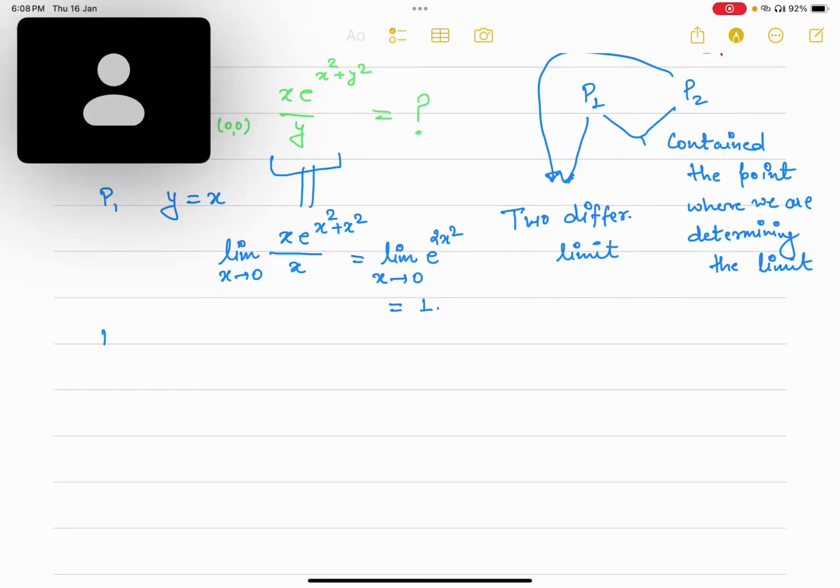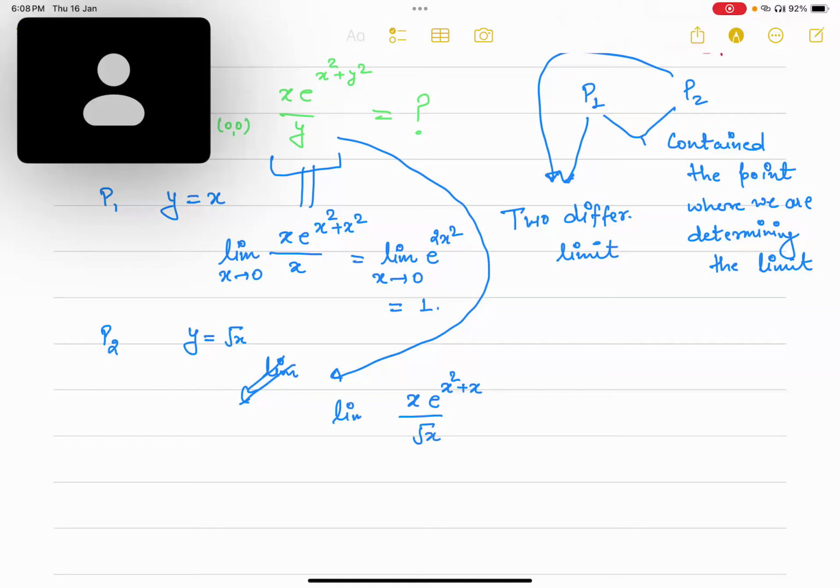Now, if you take a different path P2 as y = √x, what can you say about the limit along this path? The function reduces to x e^(x²+x)/√x.